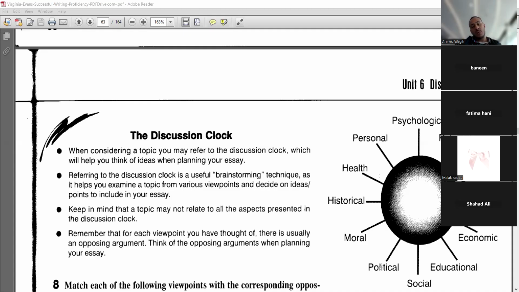So you're going to write a lot in the future, and you need to be ready with these weapons. You cannot enter a battle without enough weapons, or you will lose quickly and quit. So this is my advice to you: try to collect different weapons, and the discussion clock is one of them. It will help you a lot. So how to use it and how to apply it? Let's have some examples here.